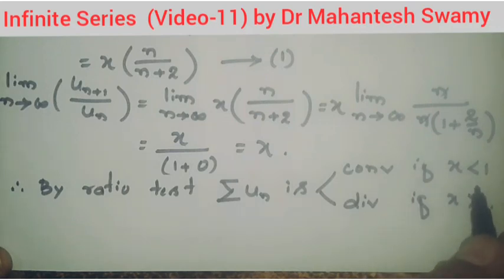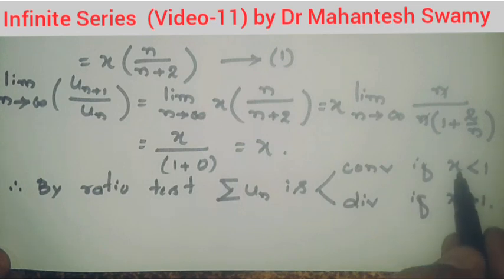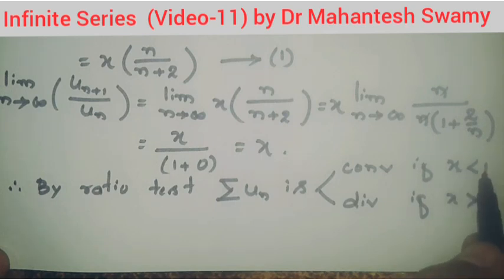So the two possibilities we are having depend upon the value of x. Here x is a variable given in the problem, any variable greater than 0. So for x less than 1 it is convergent. For x greater than 1 the given series is divergent.